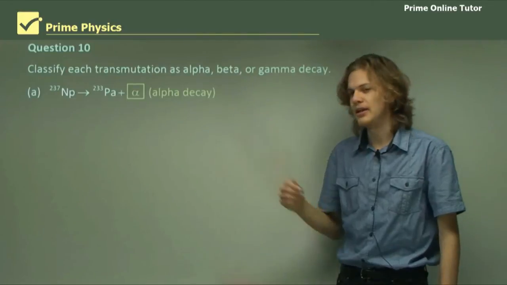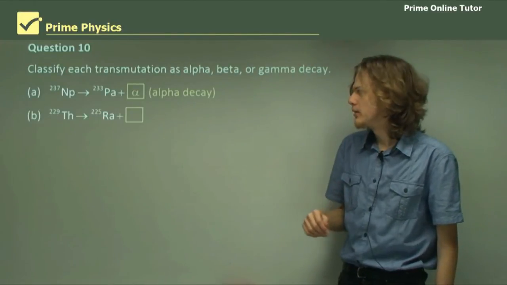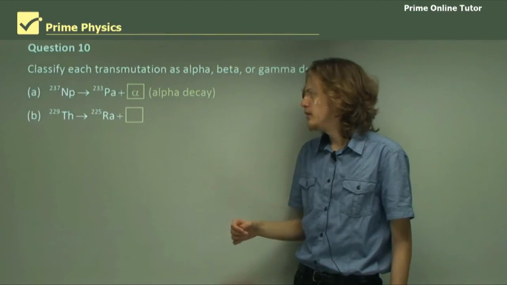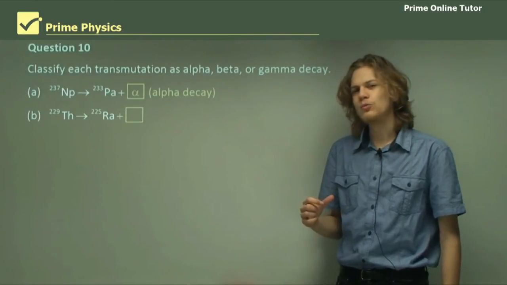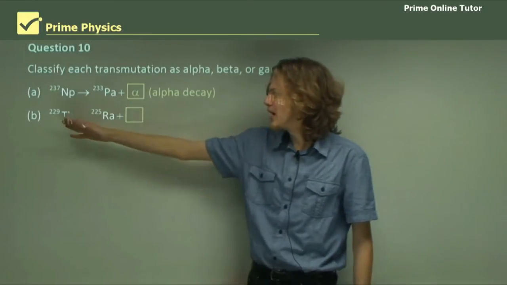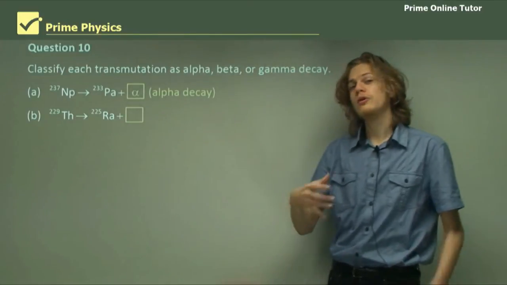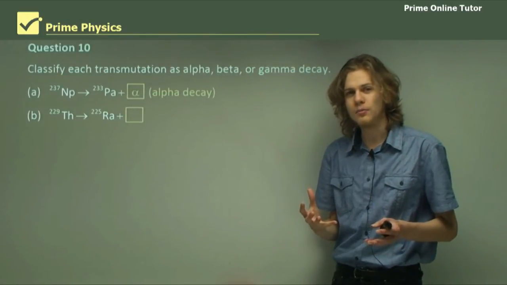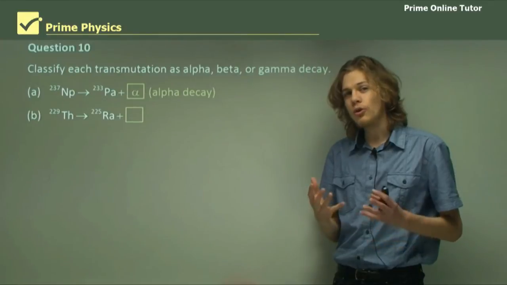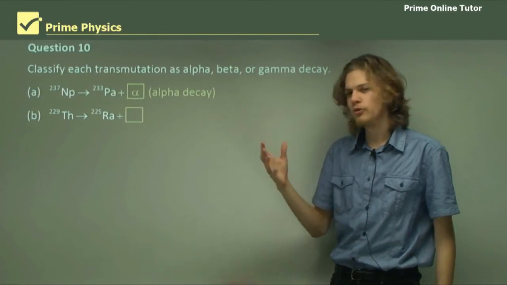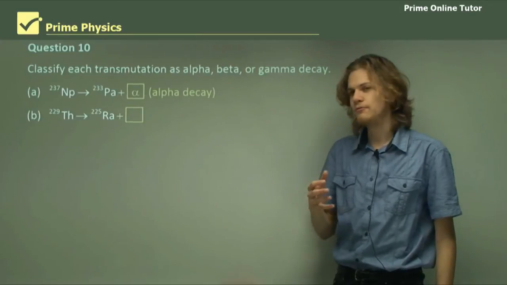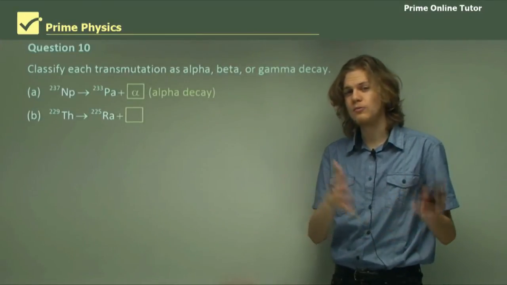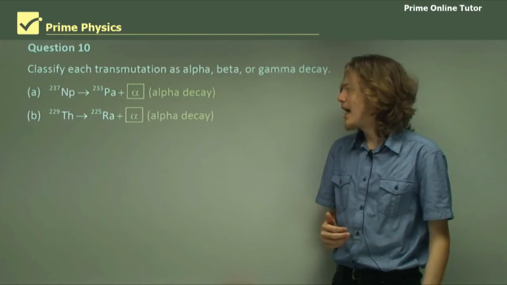So this is alpha decay. B, thorium-229 into radium-225. So once again, we'll notice that the mass is going down by 4, and if we look at the proton number of these elements on a periodic table, we'll notice that the proton number is going from 90 to 88. So that means if we lose 4 mass and we lose 2 protons, it's alpha decay.